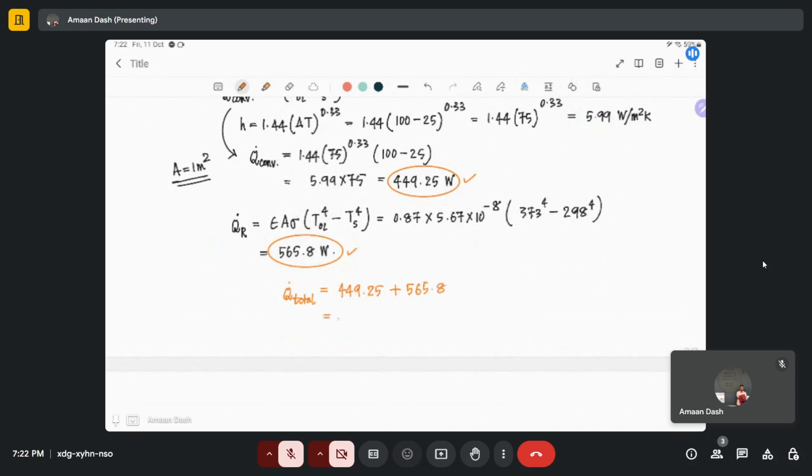So we have 373 to the power of 4 minus, for 25, 298 to the power of 4.